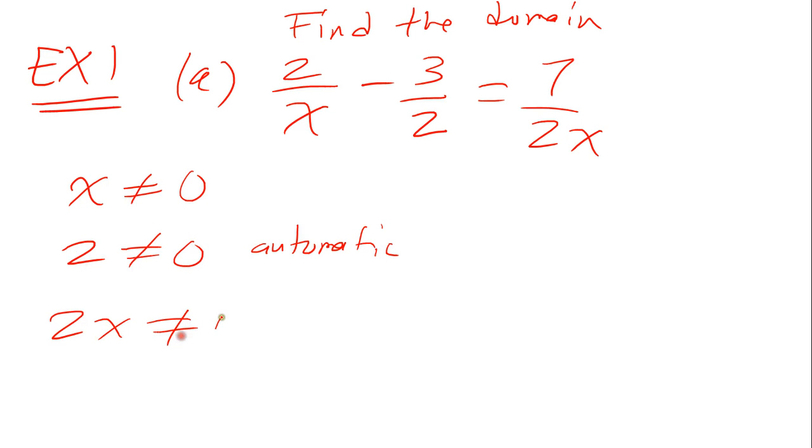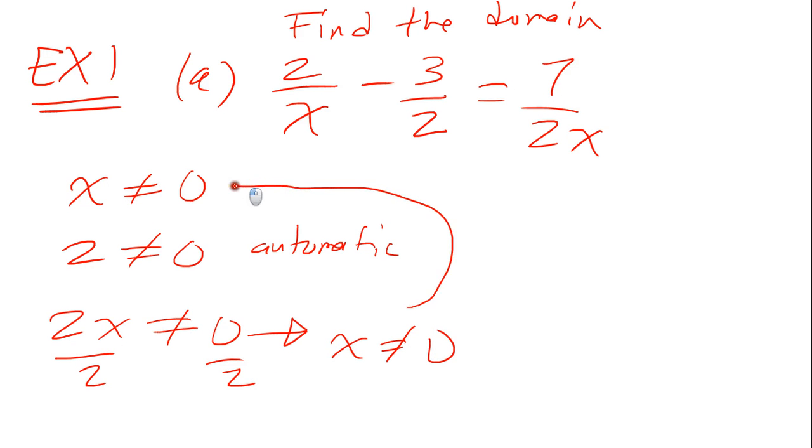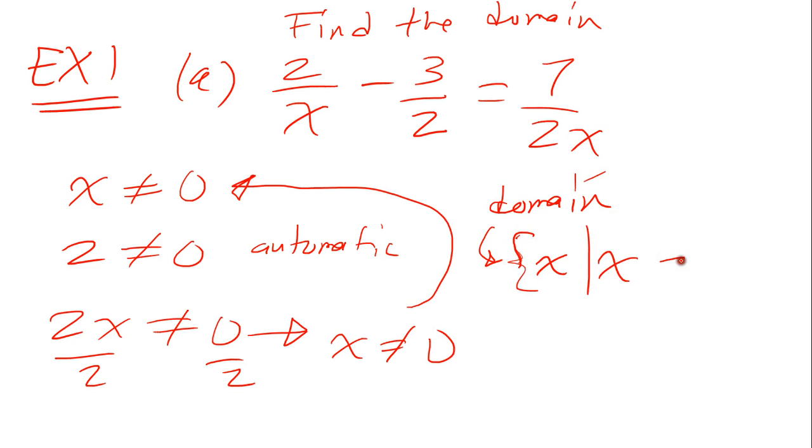And 2x is not equal to 0, which means if I divide by 2, x is not equal to 0, which we've already taken care of. It's just an overlap. So your domain is all x's such that x is not equal to 0. That's your domain.